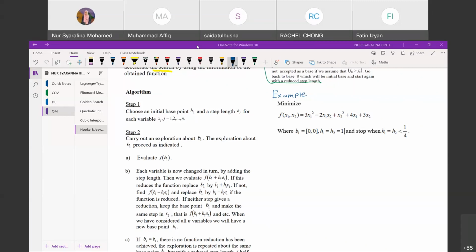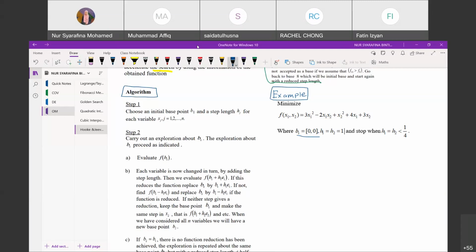Okay, so this is the example that we're going to use to discuss this algorithm. You should compare this algorithm together with this example. First you choose your base. The base point here is given as B1 and the step length Hj for each variable xj.